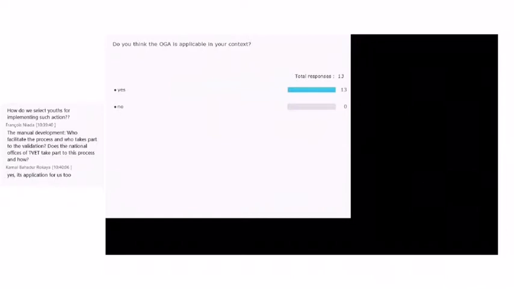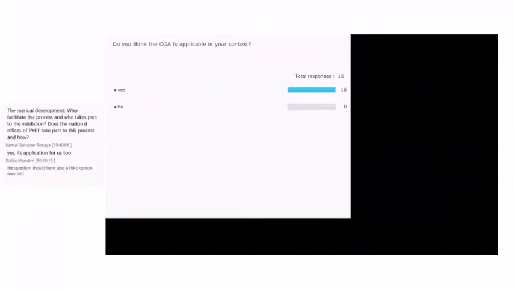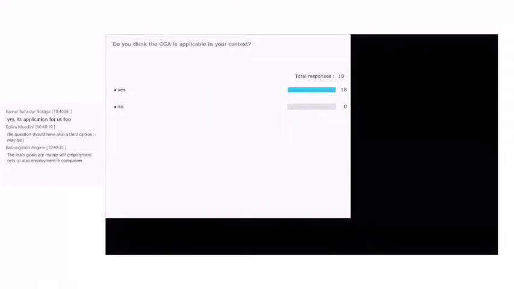So far we have 13 people who reply that yes, the approach is applicable to their context. Nobody sees any possibility to use this approach. You can also share your comments in the chat. It has been wonderful to see that so many questions and comments have come up so far.